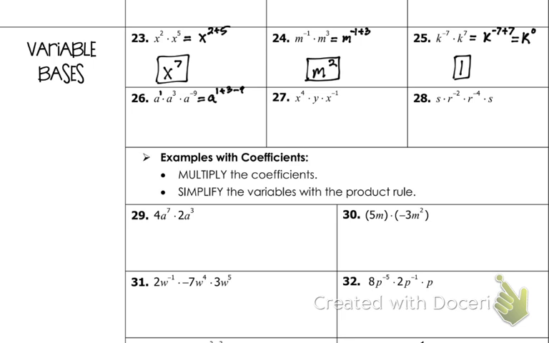I have a to the 1 plus 3, which is 4, minus 9, which would be a negative 5. But if you wrote a to the negative 5, you'd have it incorrect, because it says specifically you can't have negative exponents. What do we do to make it positive again? Well, 1 over a to the power of 5. We'll have 1 over a to the 5th.